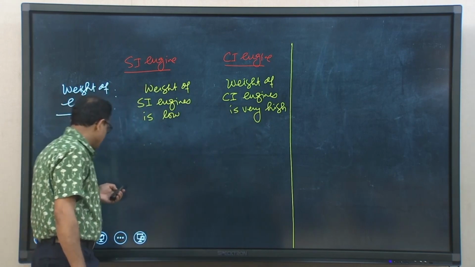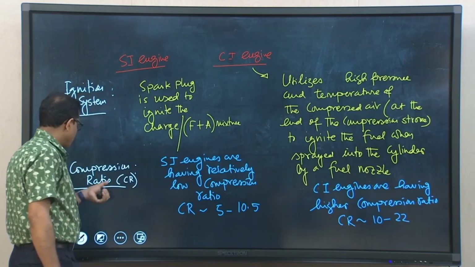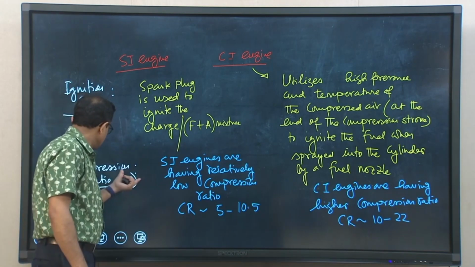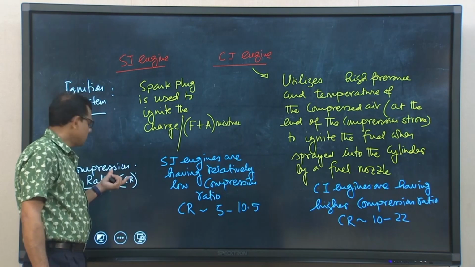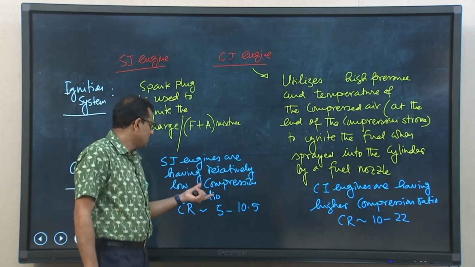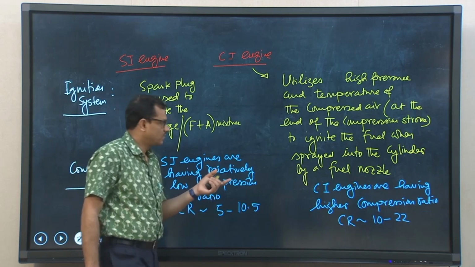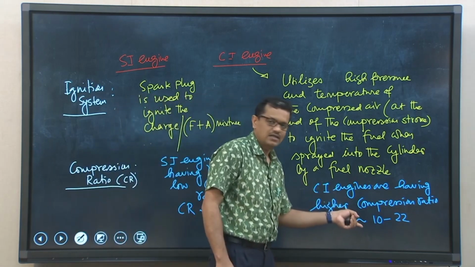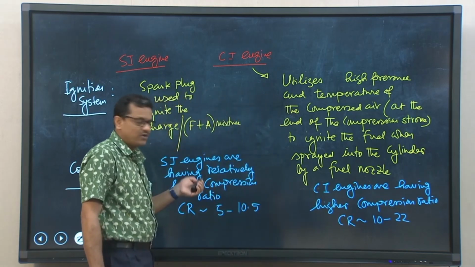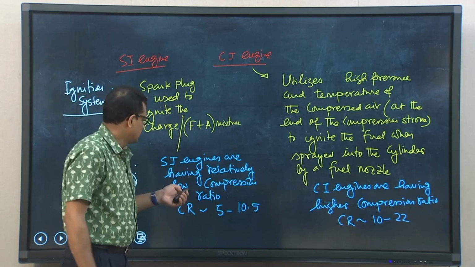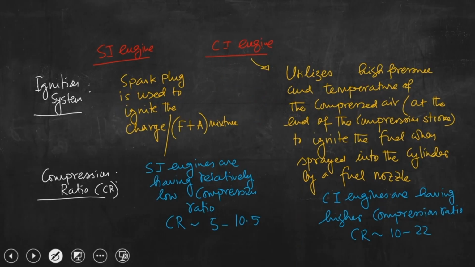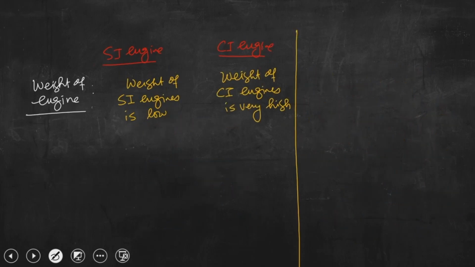So, if we go back to the previous slide, wherein we have written the difference based on the compression ratio, SI engines are having relatively low compression ratio 5 to 10.5, while CI engines are having high, 10 to 22. So, you can see, if we look carefully at the last 2 points, low compression ratio, low weight, high compression ratio for CI engines, high weight.